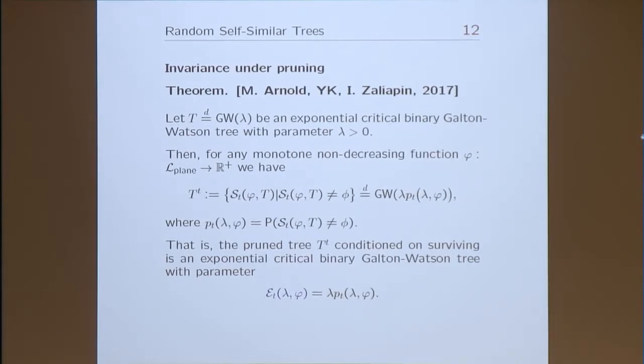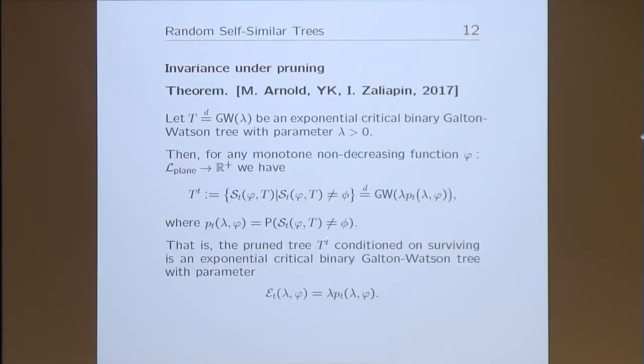So this is the new parameter, and P sub t is the probability of that exact event that we condition upon, that a tree selected according to Galton-Watson has not been erased. Obviously we want this to be positive, which of course we could make a weird phi function for which it would be 0. So essentially any of these prunings would take critical Galton-Watson into critical Galton-Watson, and we check the dynamics of the edge lengths.